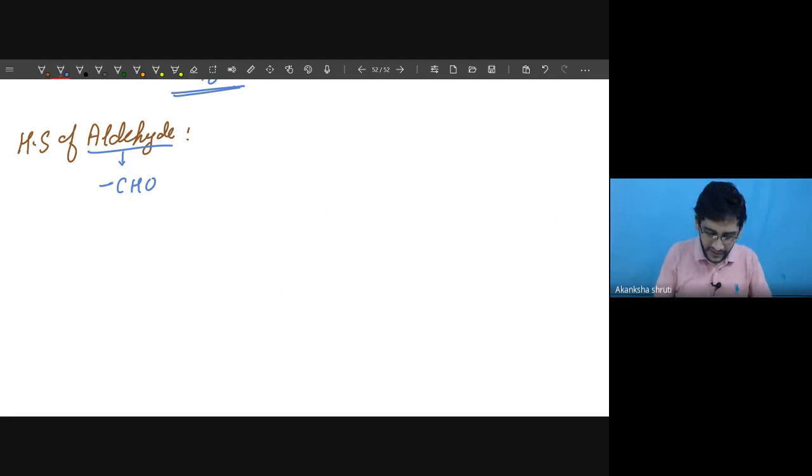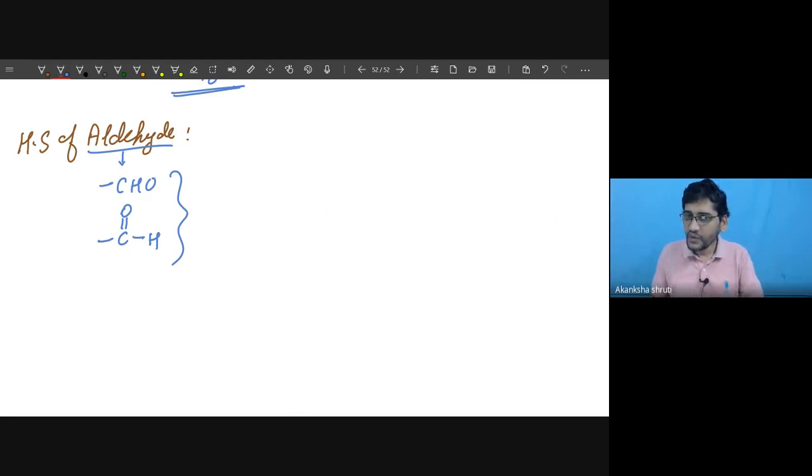In the CHO, if we want to draw the detail, the structure of the CHO is like this one. What could be the general formula? For this, the open bond has to be satisfied with hydrogen or a carbon with hydrogen.